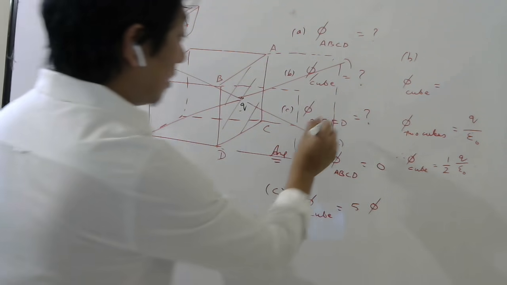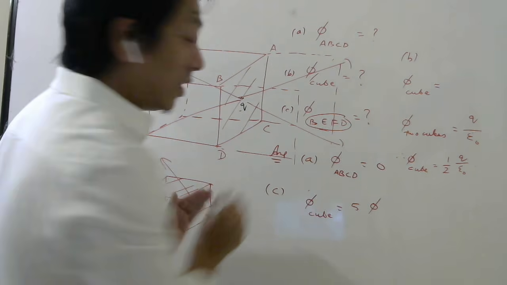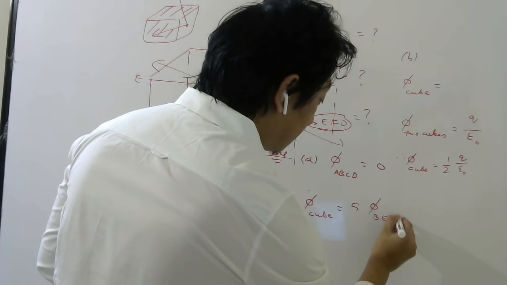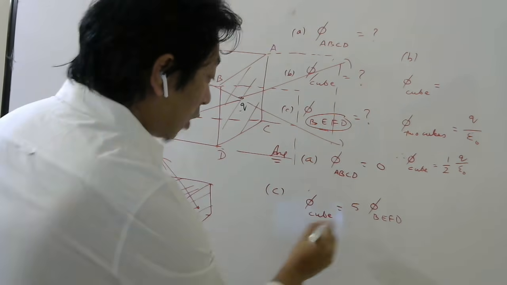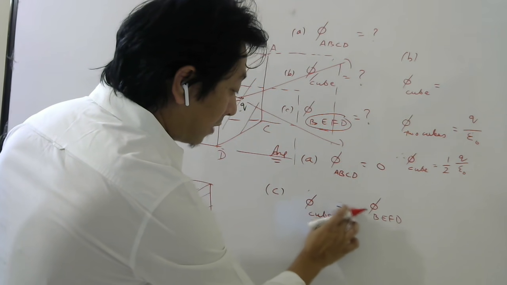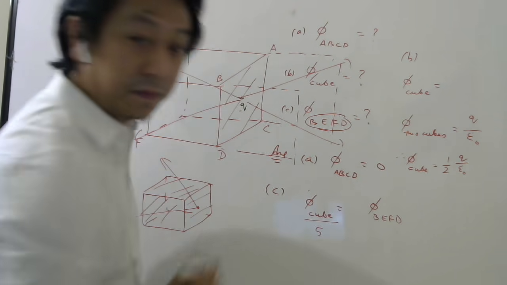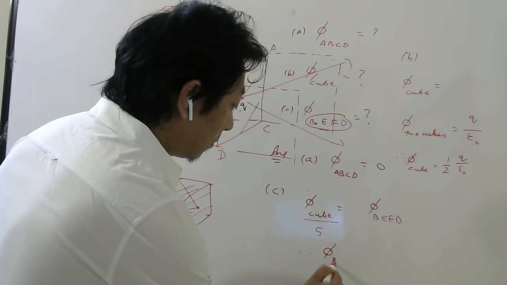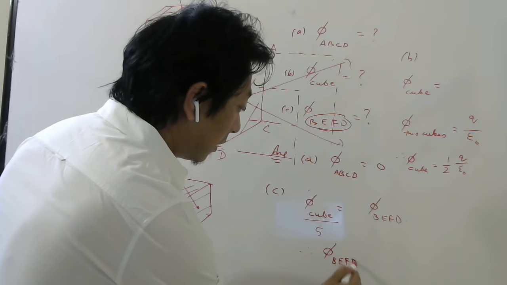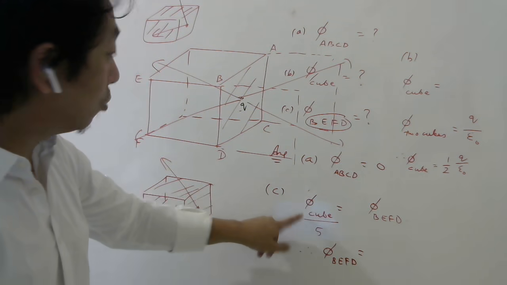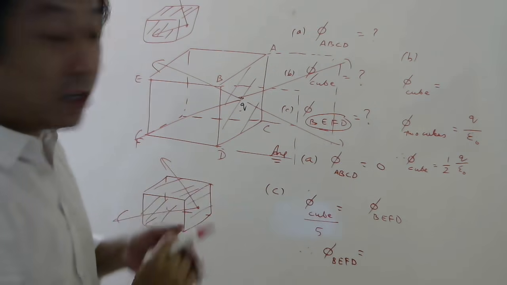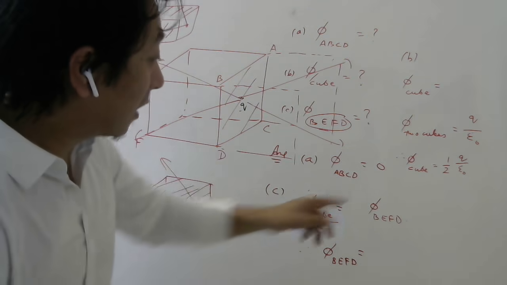Since in the question they have asked flux through BEFD, let me write flux through BEFD. Therefore, what will be flux through BEFD? Cross multiply, bring 5 this side. Understanding? So therefore, flux through BEFD will be equal to flux through this cube. Flux through one cube, how did I calculate? By putting one more cube here on this side.